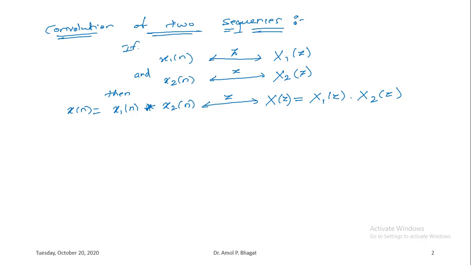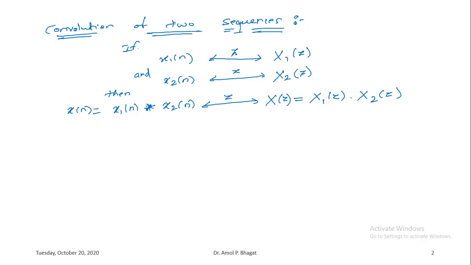But even the convolution can be only used to identify the response of the given discrete time system, if it is an FIR system, that is finite impulse response system. We cannot use convolution to identify the response of infinite impulse response system. There we can use the difference equation. We have seen all these things, right?